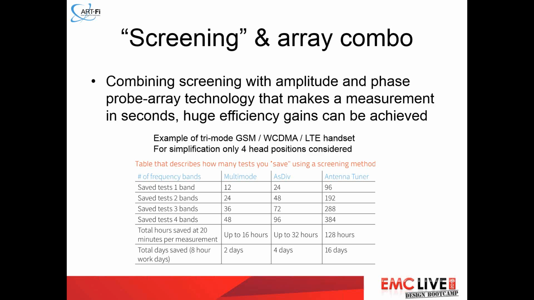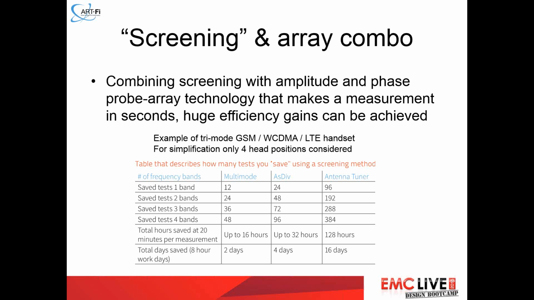Using a screening method, you would just screen through the modes for each position and frequency, and you would end up saving 12 measurements on the legacy system. The table gives more details depending on whether the device uses antenna switch diversity, or an antenna tuner with a number of states, and different bands.